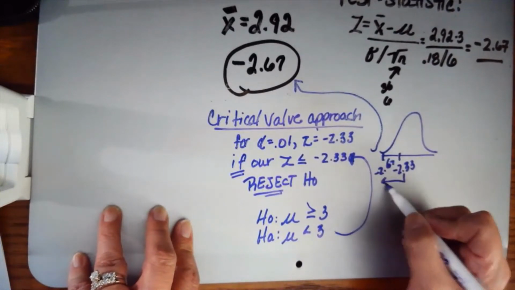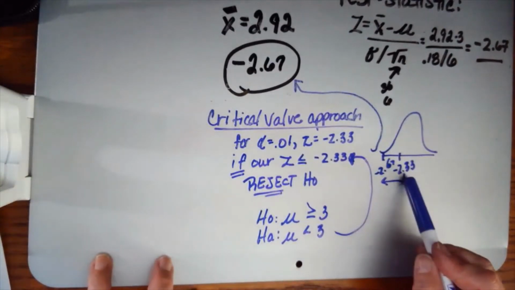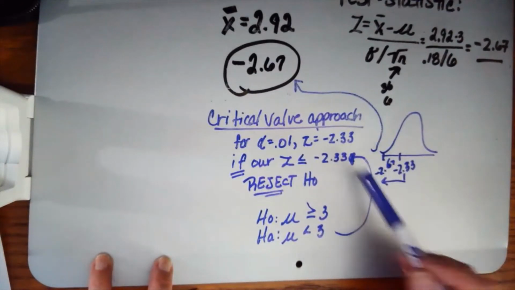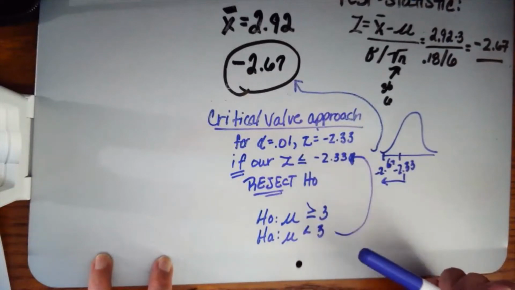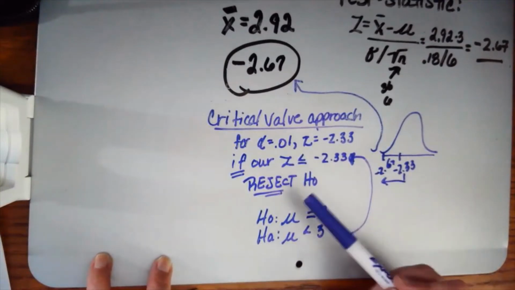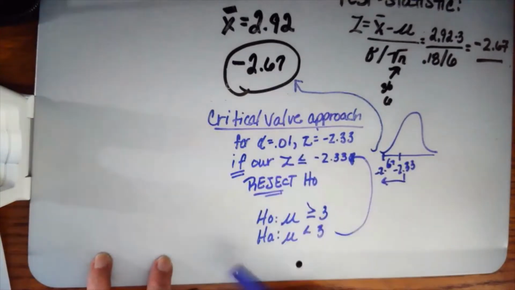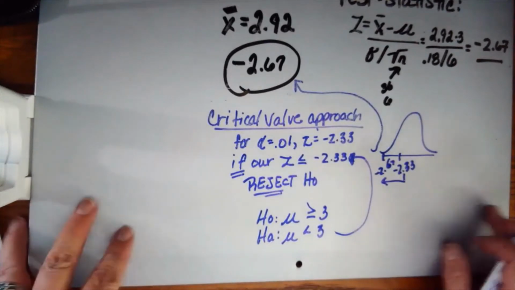So it's going to be on the left side of the z-score that we had as our critical value z-score. In this case, we reject the null hypothesis because our test statistic is less than or equal to negative 2.33. Negative 2.67 is less than negative 2.33. That's our critical value approach.